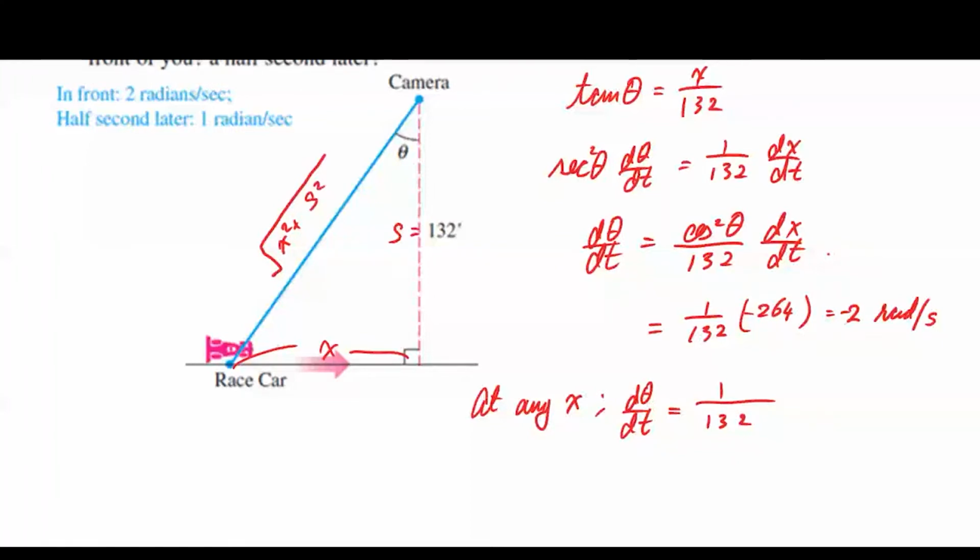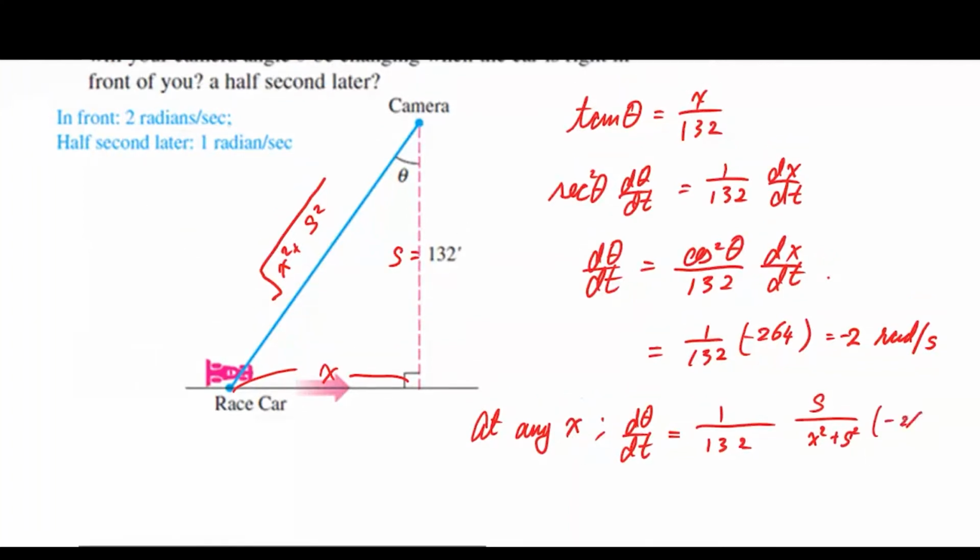So we can actually have a formula. Cosine squared is s squared over x squared plus s squared. And then we can have dx/dt, which is, what was it? 264. Let me put 264. Yeah, 264. So this thing simplifies to 2s over x squared plus s squared. How about that?